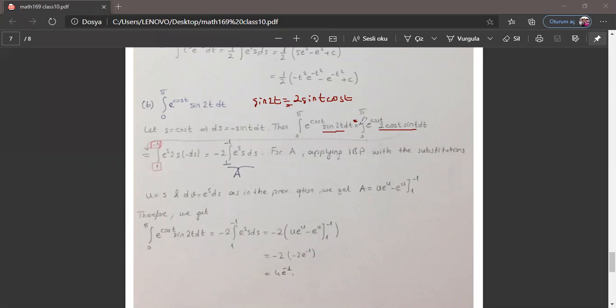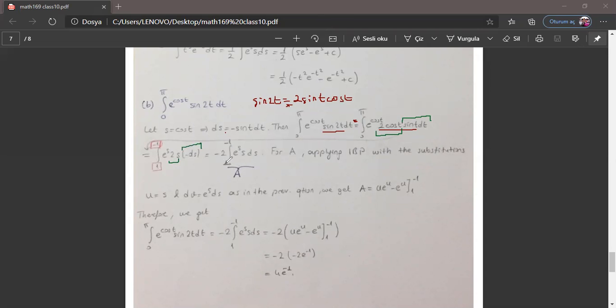So we have e to the s. And for this part, by using this equality, we have 2s and minus ds.